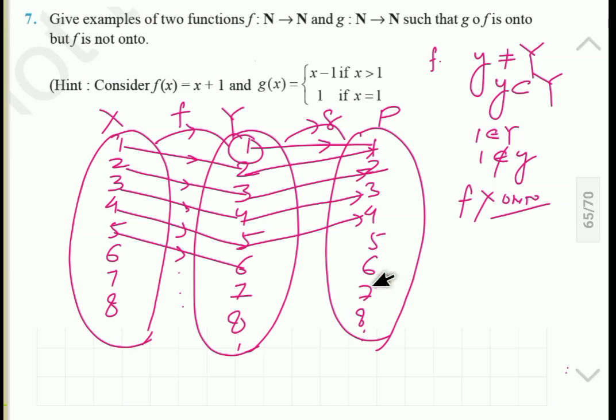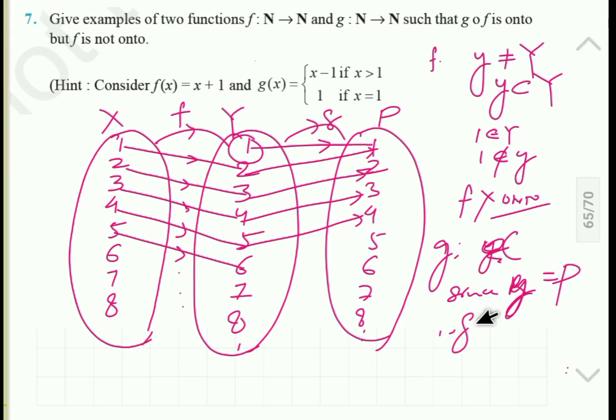Since the range, small y, is equal to this set P, the codomain, therefore g is onto.